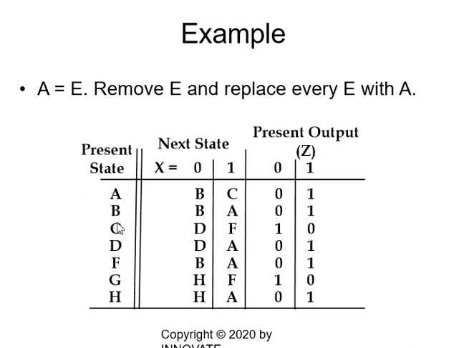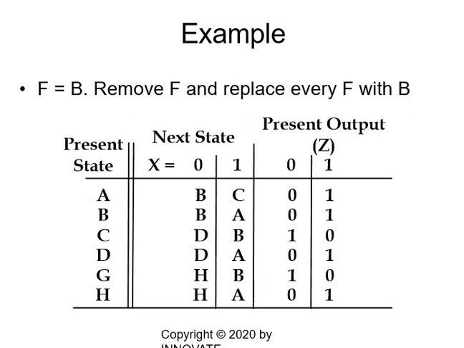So clearly row B would be equivalent to row F. Or we say state F is equivalent to state B. So I can remove F and I can replace every F in the table with its equivalent B. So this will become B, and this will become B.